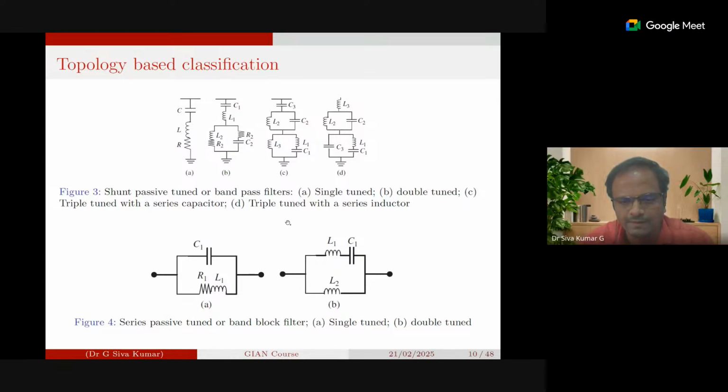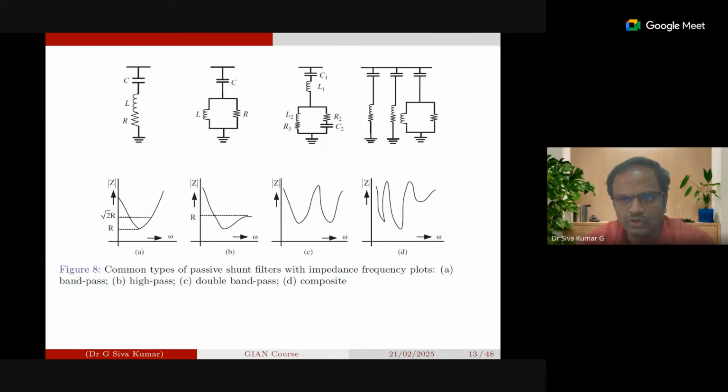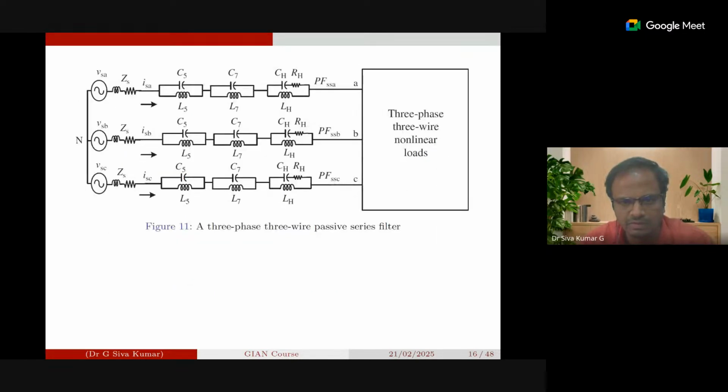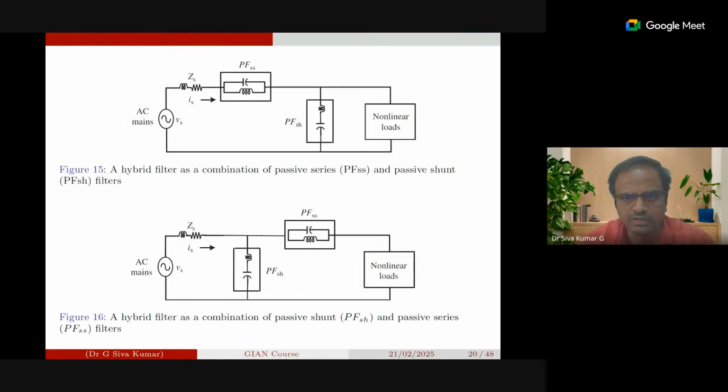You can also have hybrid filters, which combine both series and shunt. This is the case where we can go for a hybrid filter.